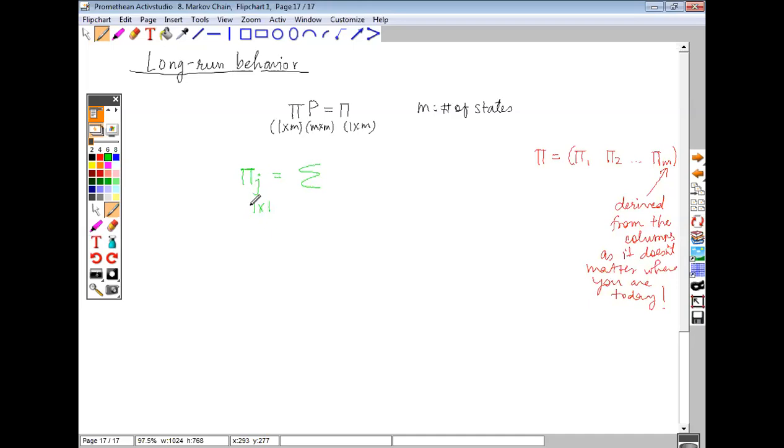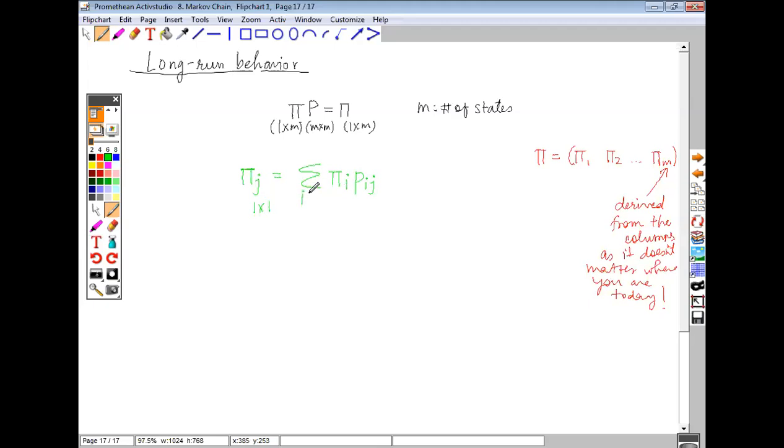So I can easily rewrite this as pi i, the proportion of time that you spent in state i, multiplied by the probability that you jump from i to j. Okay, and this i can be arbitrary, like the case that we studied earlier.